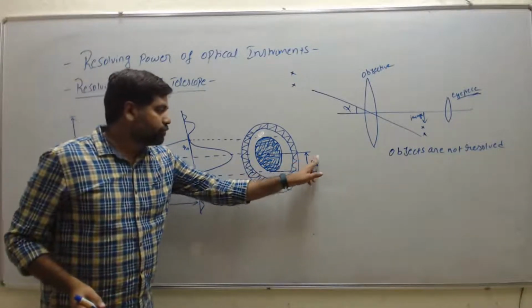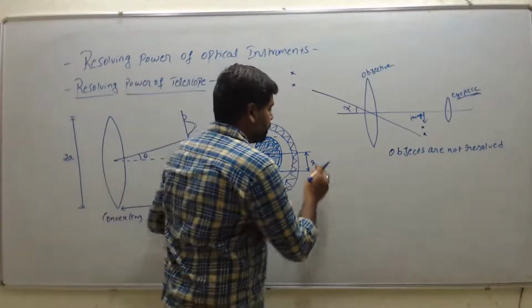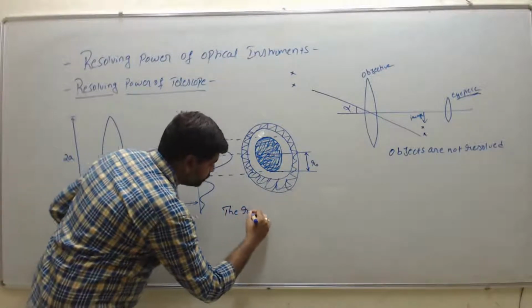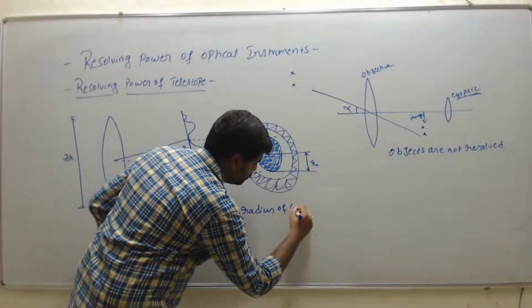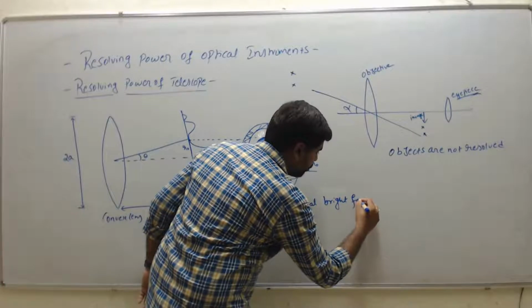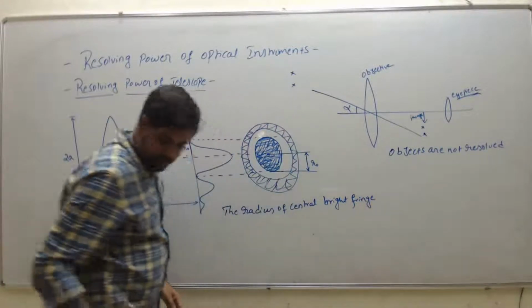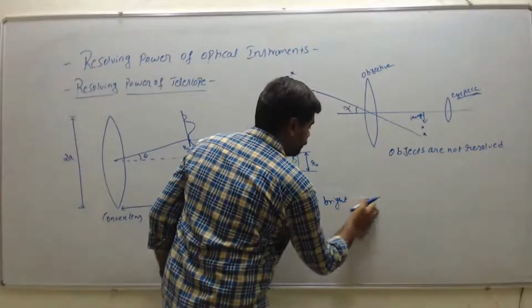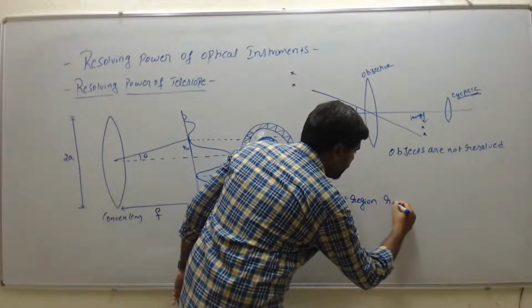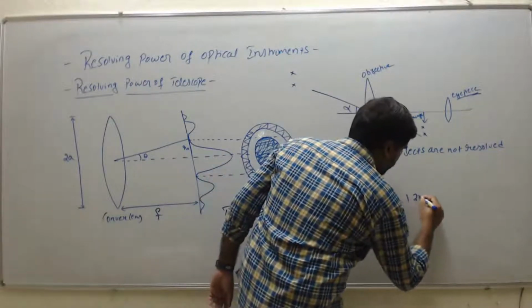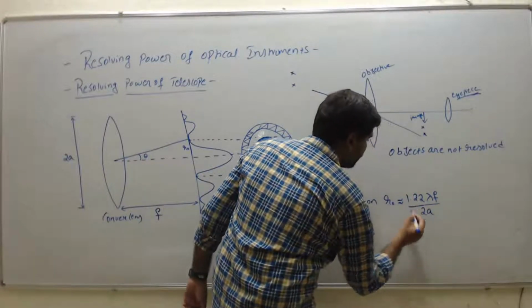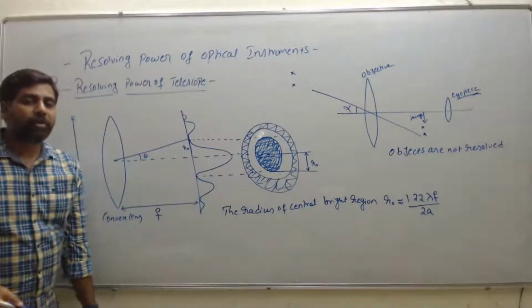By experiment, the radius of the central bright fringe r naught is given by 1.22 lambda f divided by 2a.